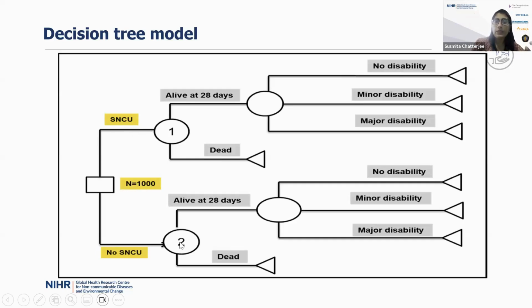So first 1,000 is divided into SNCU yes or no, and then the rest will be divided based on the chances. The paper I will be sharing with you has given this calculation. Because of time, I'm not going through this, but if you find any difficulty, please post a question. But I think it is very clearly written how the percentages are calculated at each stage.